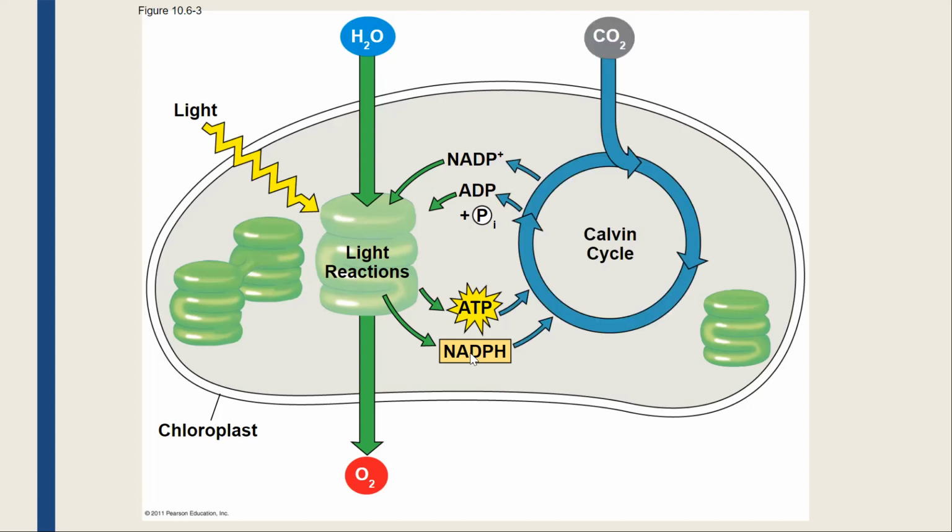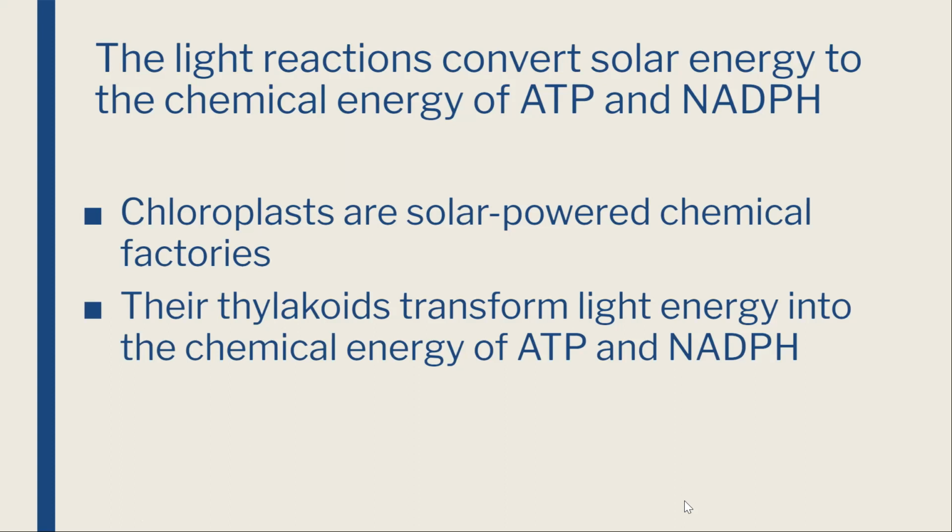Then the NADPH and the ATP are used to drive the Calvin cycle, where carbon fixation takes place. Carbon dioxide is then converted into organic molecules. That's a quick overview of those 2 processes, but we'll take a deeper dive into each of those.